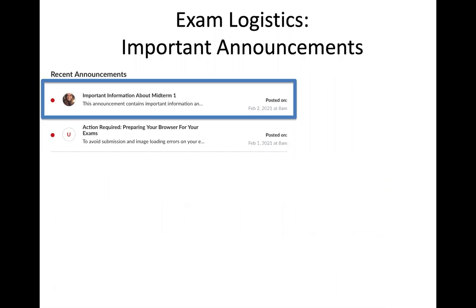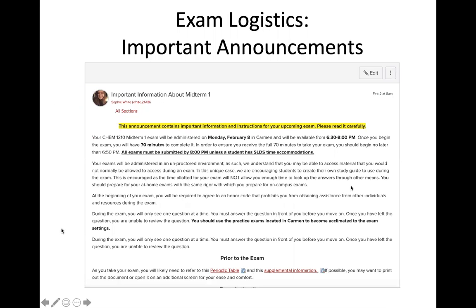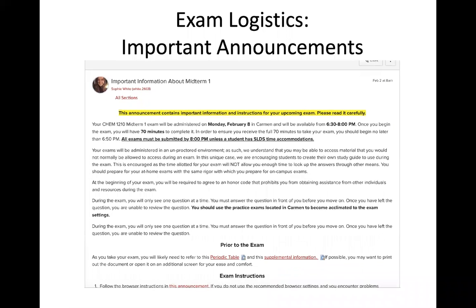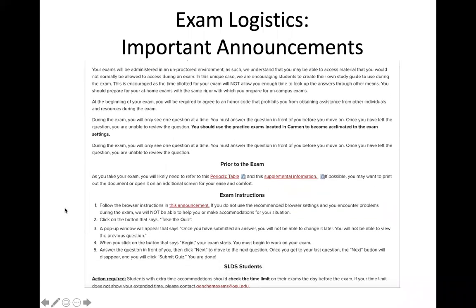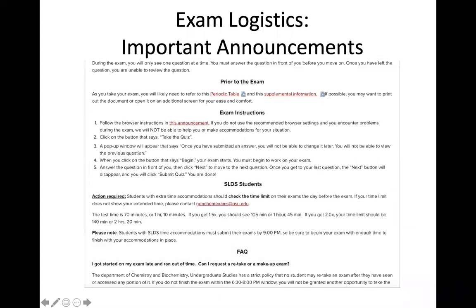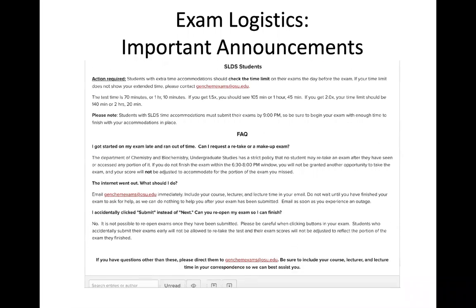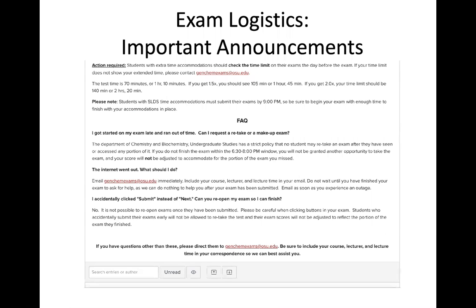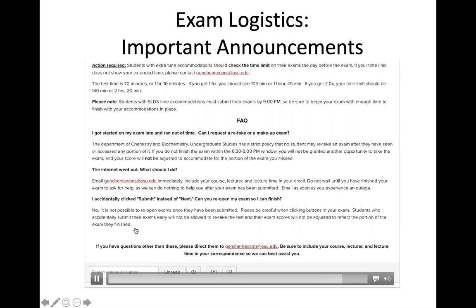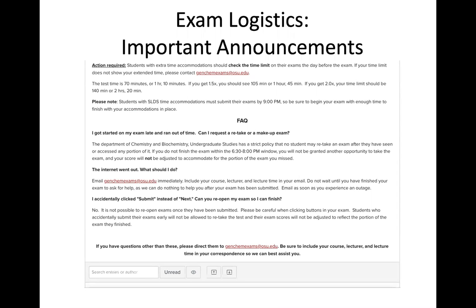The other one set within there where it says important information about midterm one, this has a lot of very helpful information. I'll scroll through what's here. It gives you really good information about what it suggests that you do as you prepare prior to the exam, how the exam is going to be delivered, what happens if you need SODS accommodations, and then really important at this end one right here, even if everything seems to go well for you, when it comes to actually taking the exam, what would you do if you ran out of time?